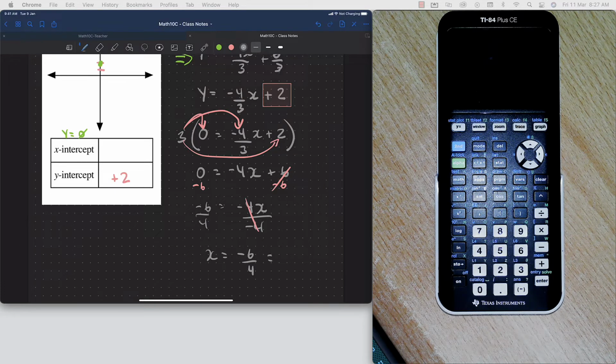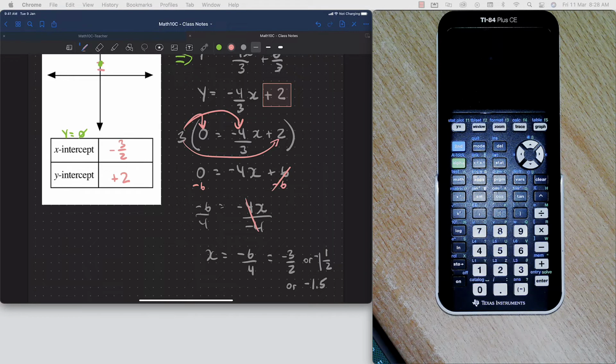And we should be able to see that we can reduce this down to a negative 3 over 2. Or it can be a negative 1 and 1/2. Or it can be a negative 1.5.